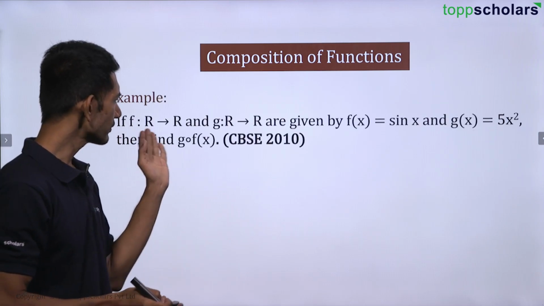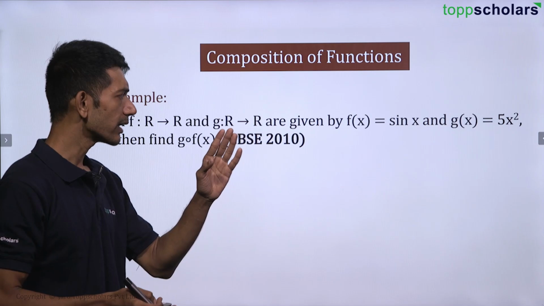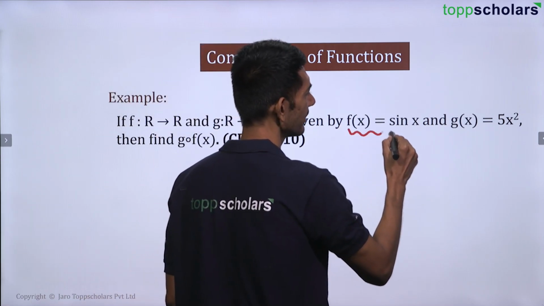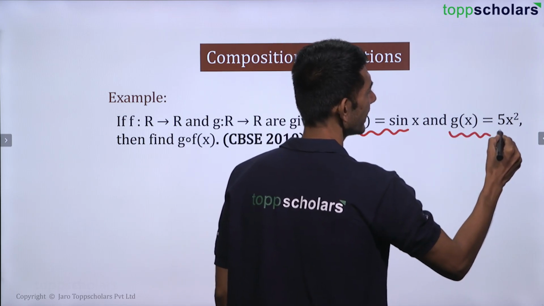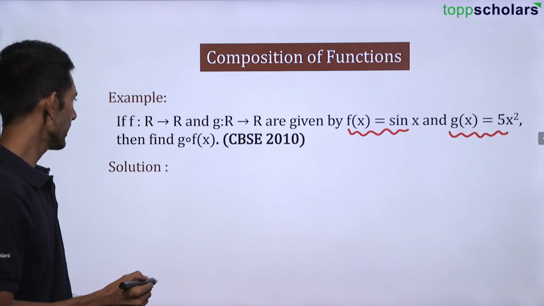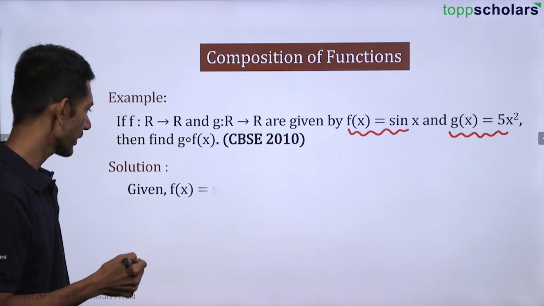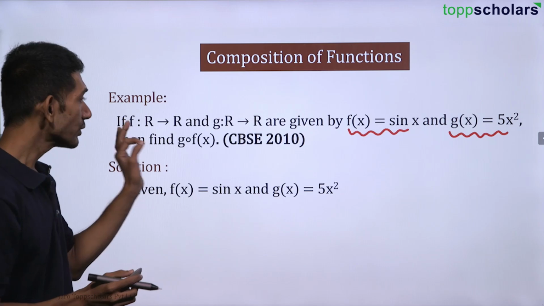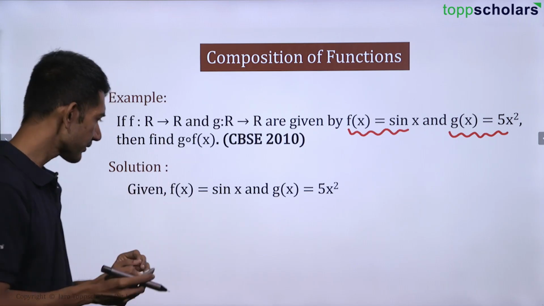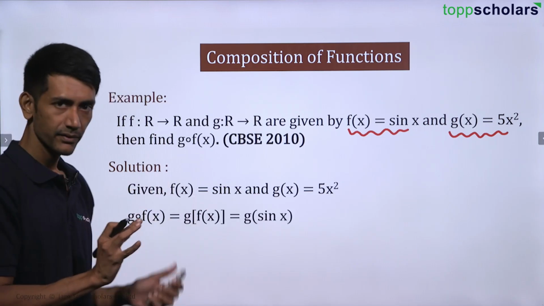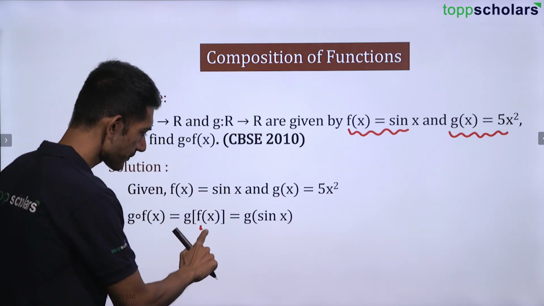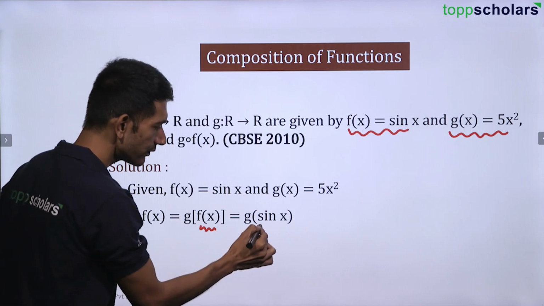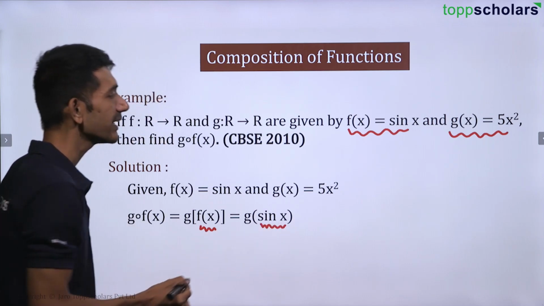So f is a function from R to R and g is a function from R to R given by, same thing again, f x is given sin x, g x is given 5x square. Then find g of f of x. You write down f x, you write down g of x. Now g of f of x, that is g of f x. Focus on f x. What is f x? sin x. So g of sin x.